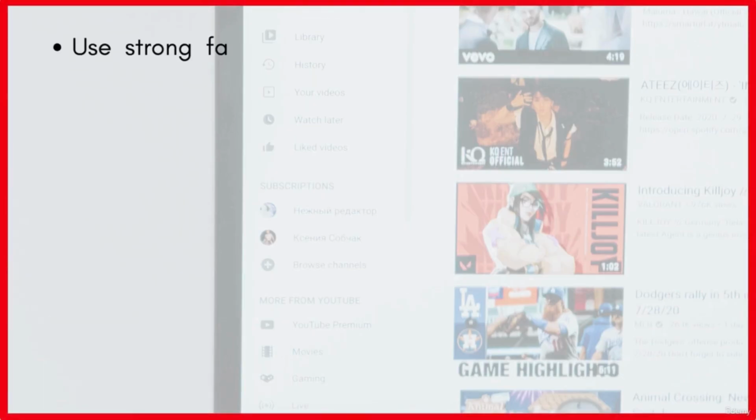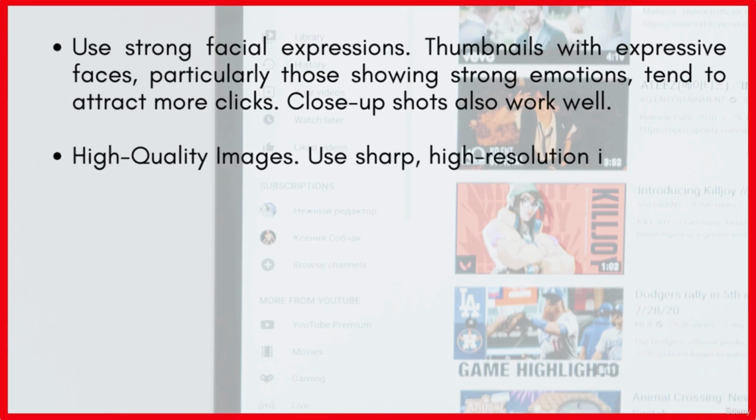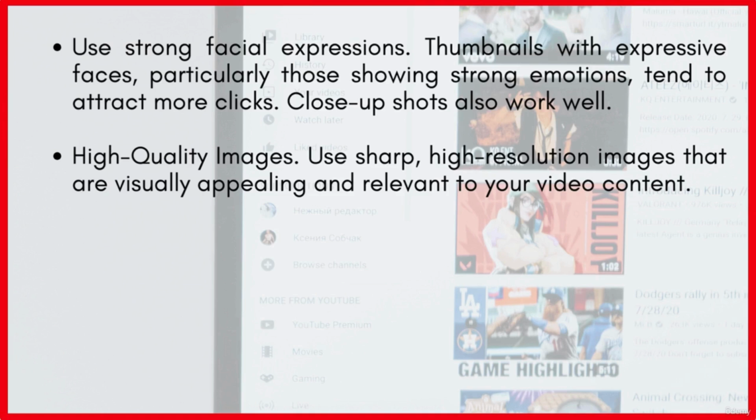Use strong facial expressions. Thumbnails with expressive faces, particularly those showing strong emotions, tend to attract more clicks. Close-up shots also work well. High-quality images. Use sharp, high-resolution images that are visually appealing and relevant to your video content.